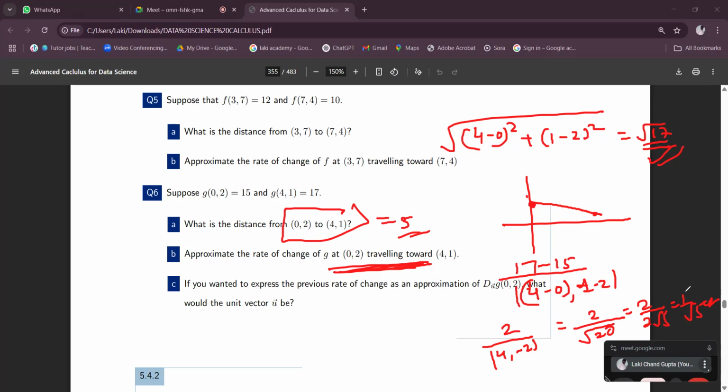Here it should be minus in any shape or form. It shouldn't be positive, right? So it should be minus.